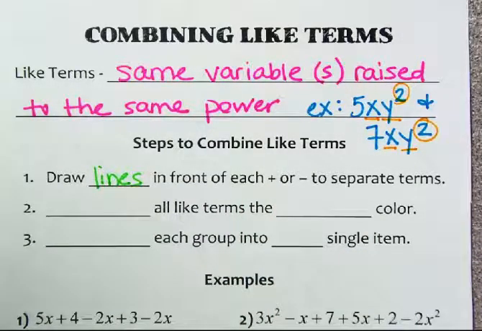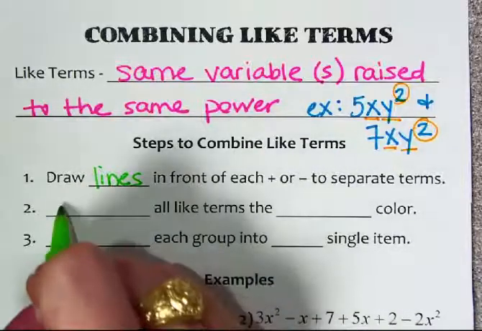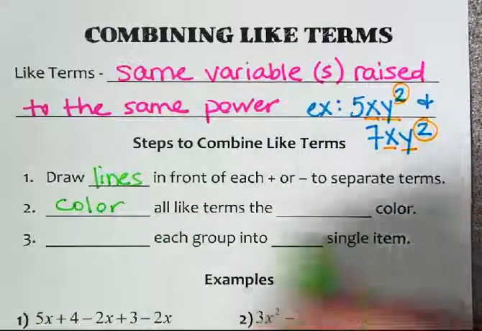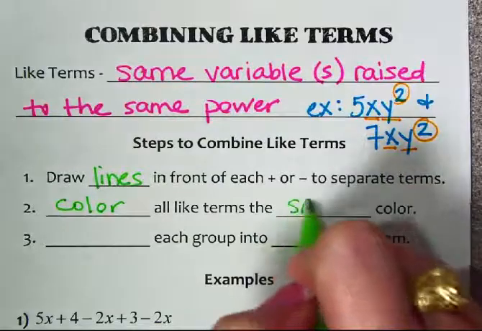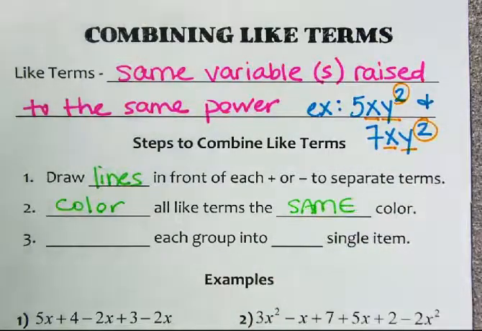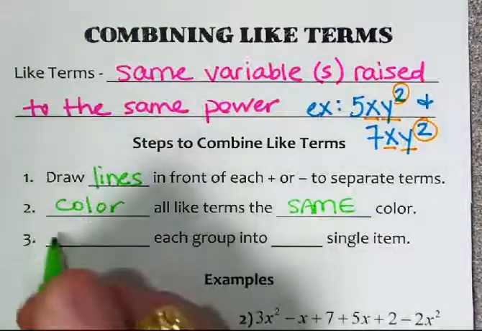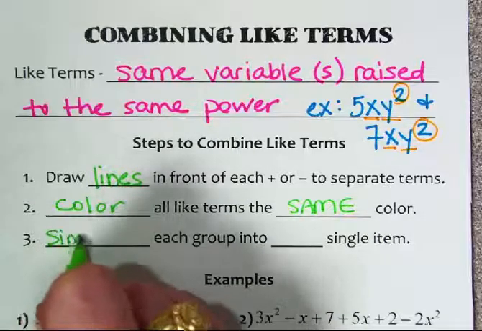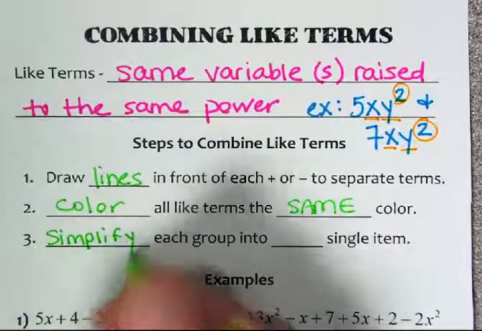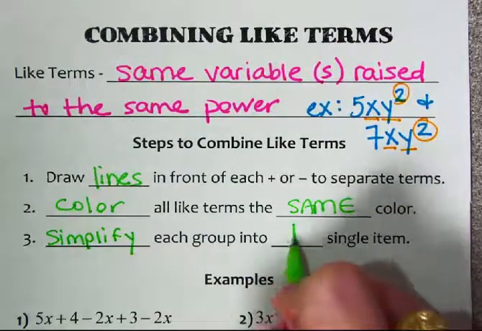That way we can actually see what all the terms are. Then we are going to color all like terms the same color. You can do this with a highlighter, a colored pencil, a marker, anything that has different colors in it. Then we're going to simplify each color group into one single item.